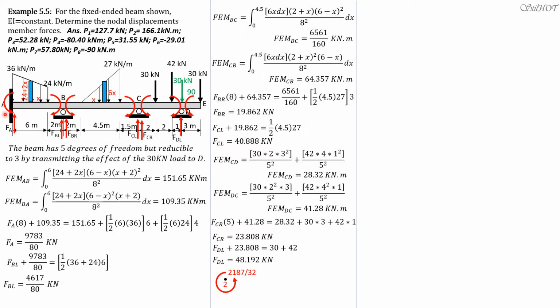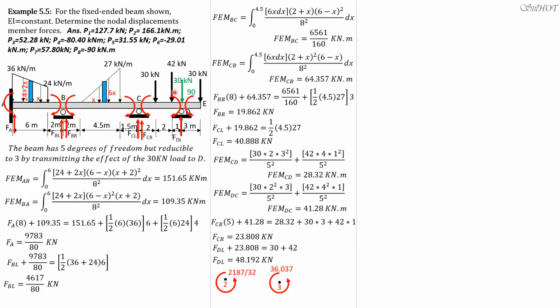Node 1 is not important because that's fixed. For node 3, fixed moment CD, which is 64.357 minus fixed moment CD, which is 28.32. The result is positive and it is equal to 36.037.